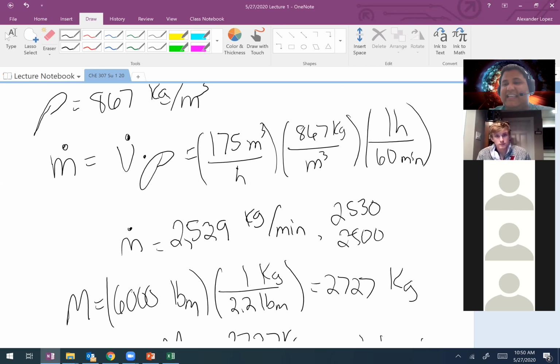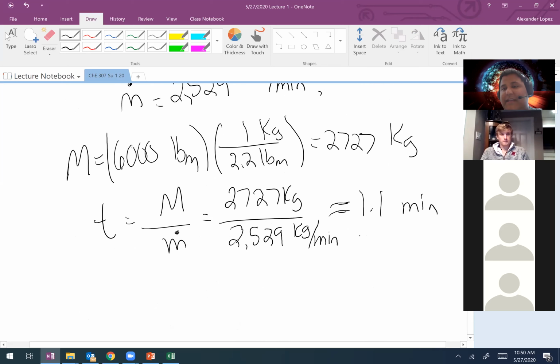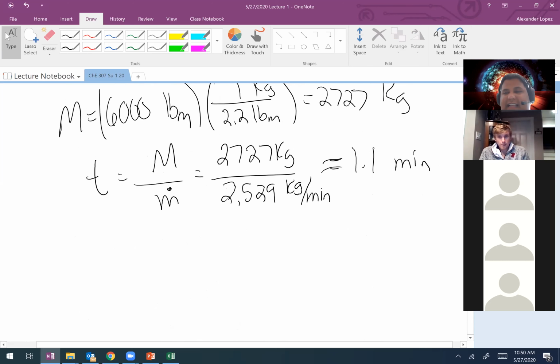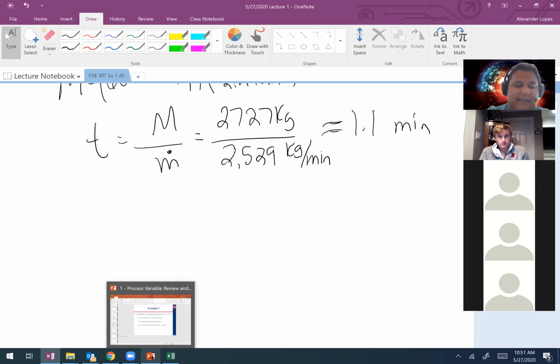Not to say accuracy and precision isn't important, but like I said, this goes back to communication. So give me the answer that makes the most sense. At the same time here, this is a little over a minute, and the total mass a little over 2,700 kilograms. And so, like I said, use about 2 to 4 sig figs in most circumstances. All right, let's keep moving.